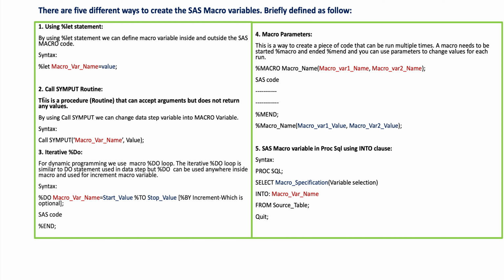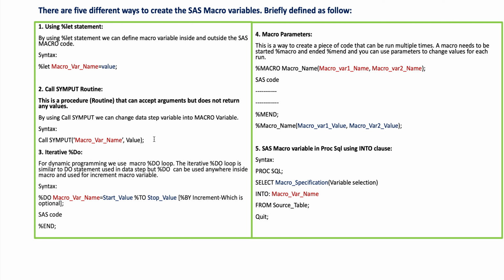Number 2, call SYMPUT routine. This is the second method. Routine means that this is a procedure that can accept arguments but does not return any value. By using call SYMPUT, we can change data step variable into macro variable, and syntax is given here, call SYMPUT.